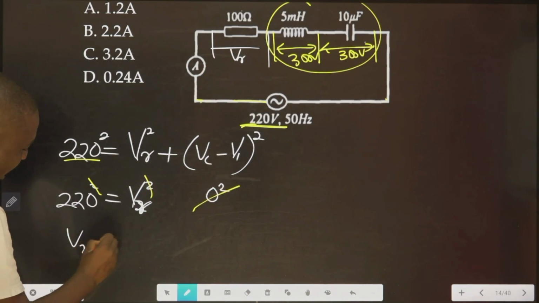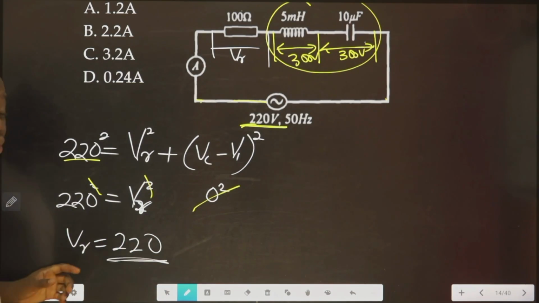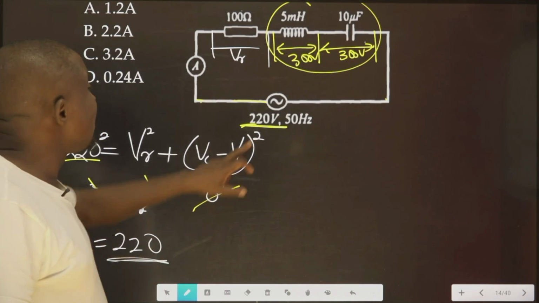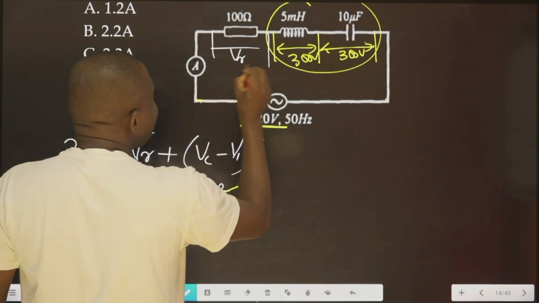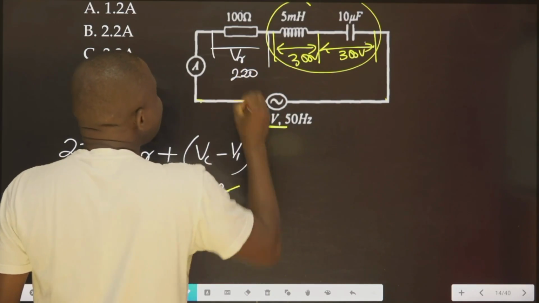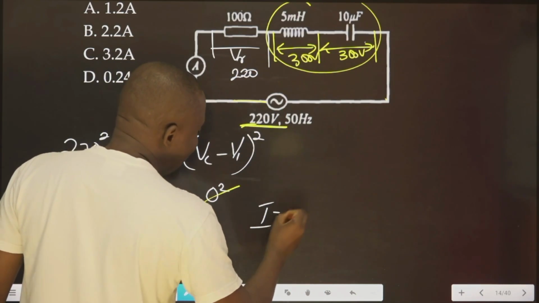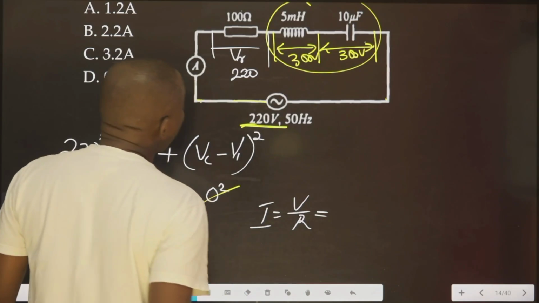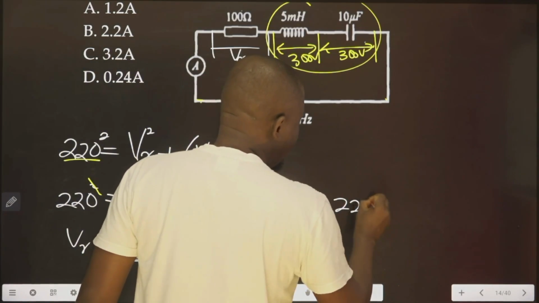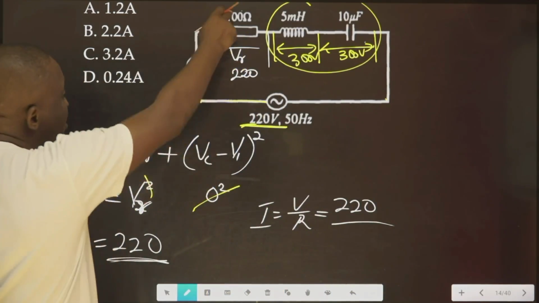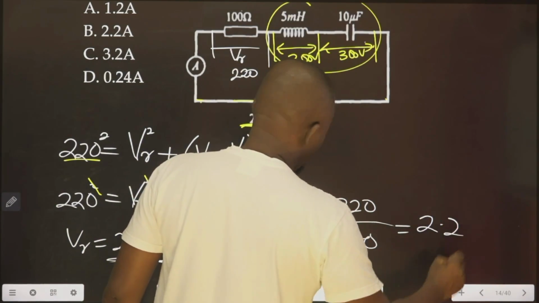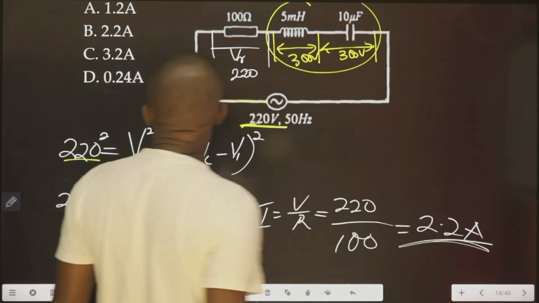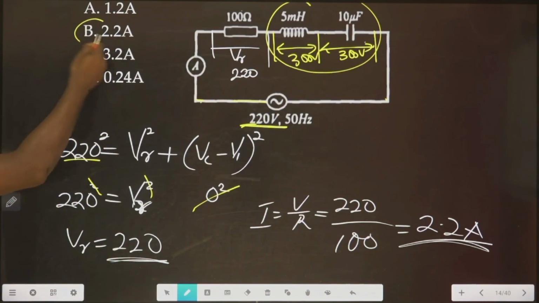So VR is actually 220. If you know what you are doing, you don't need to solve this. Just simply divide this by this and you get your answer. Now that we know VR is 220, to get the current, it is 220 over 100, the resistance. If you divide this, you have 2.2 amps. So the answer here is B.